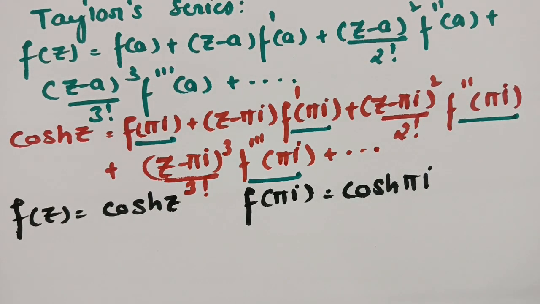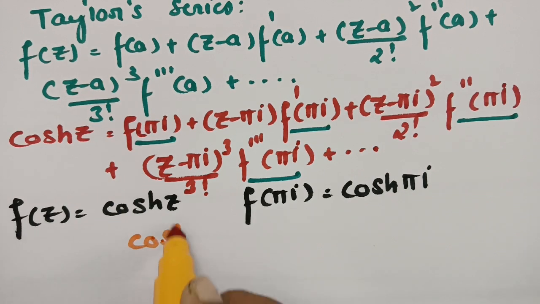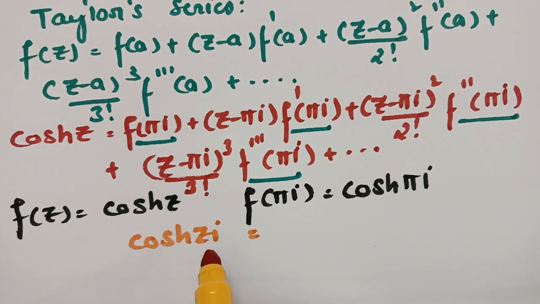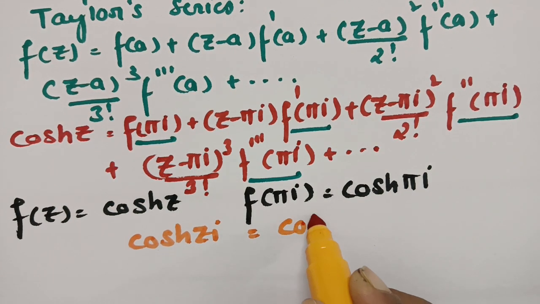Now I'll tell you one formula: the hyperbolic cos of zi can be written as follows. If you consider I as a negative sign, please remember, cos of minus theta can be written as plus cos theta. So here I will be neglected and you can write only the trigonometric function cos z.